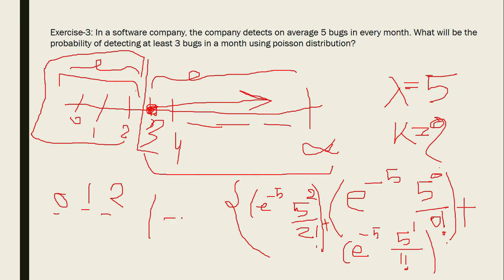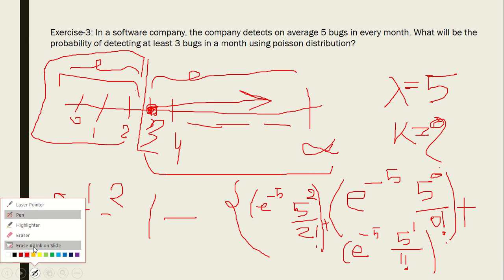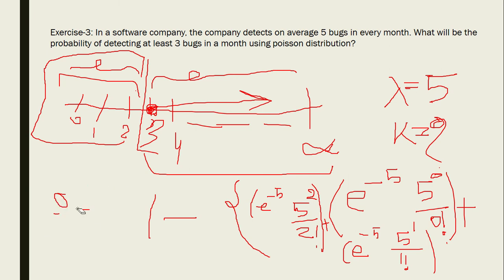So 1 minus this is our result, right? If we subtract the summation of the probability of getting 0, 1 and 2 from 1, that will give us getting at least 3, that means 3 or more, right?